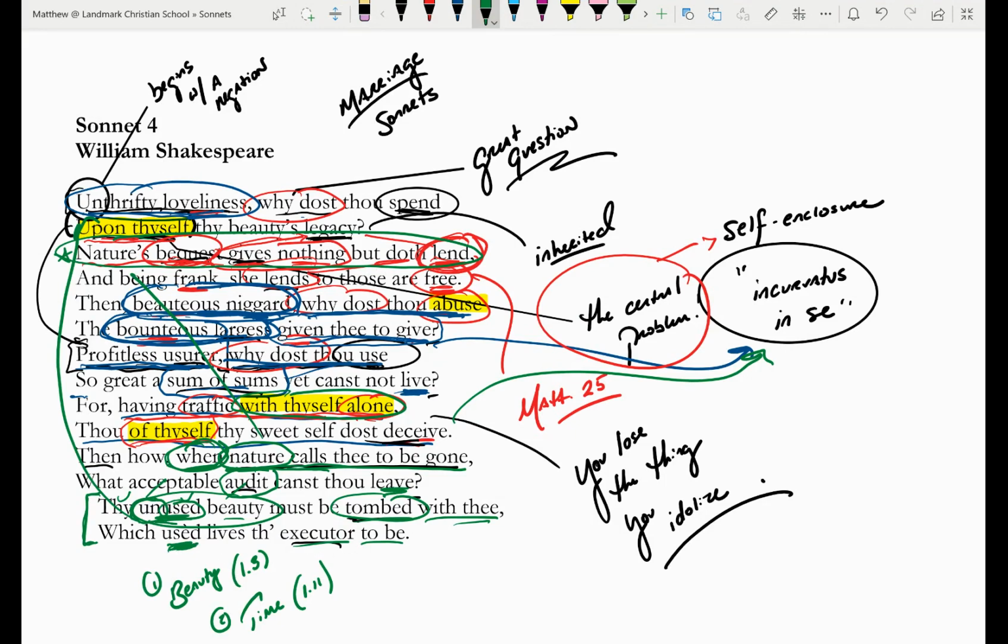If we have the right emphasis, the right understanding of use of our gifts that we've been lent, if we take the proper stock of what we have been given in this life, beauty, time, relationships, traffic with others, exchanges, again, this whole language of finance, if we have the right understanding of spending and receiving the gifts of life, our time, our relationships, our beauty, our talents, then it lives, which used lives the executor to be. It will be executed. It will be effected. If not, it will be tombed. It will die.